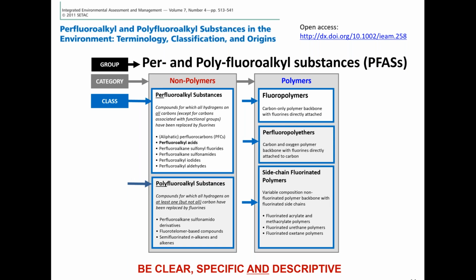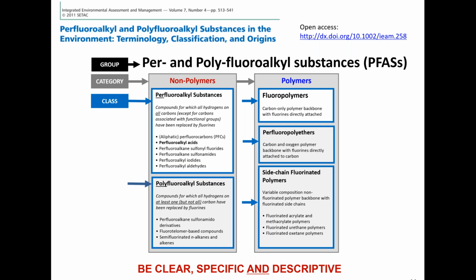And then the side chain fluorinated polymers, where we wanted to be able to have the surface properties of the two boxes above those, but not the material properties. Those two substances above, the fluoropolymers and perfluoropolyethers, have material properties. They're plastics. They're high molecular weight liquids.